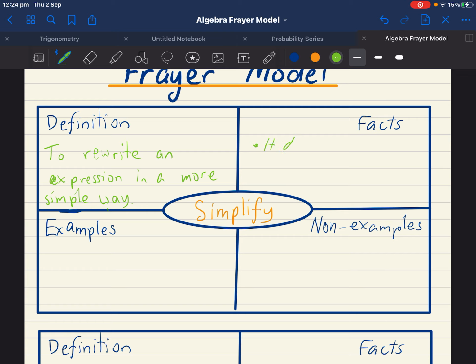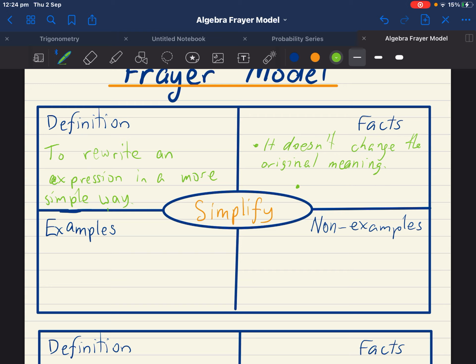It doesn't change the original meaning. So if you simplify something, you're not actually changing what the thing means, right? All you're doing is you're just rewriting it in a way that's neater. So there's a fact there. That's really all you need, but you can write down extra facts as well if you want. There's no real rule. You just write down what comes to you.